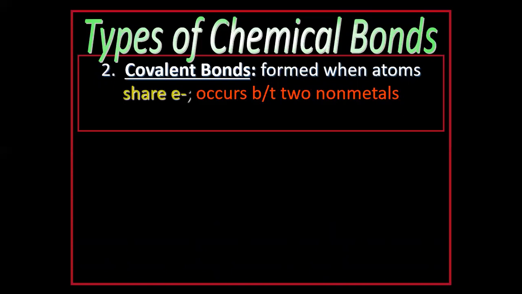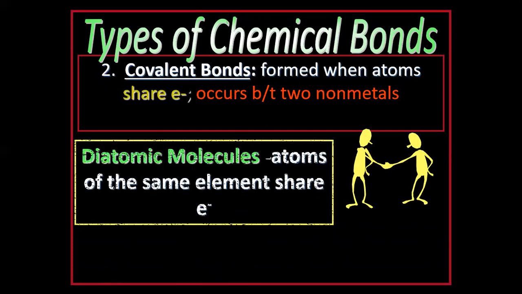So a non-metal can withdraw an electron from a metal, but a non-metal cannot completely withdraw an electron from another non-metal. So instead, they prefer sharing of electrons, just sharing.